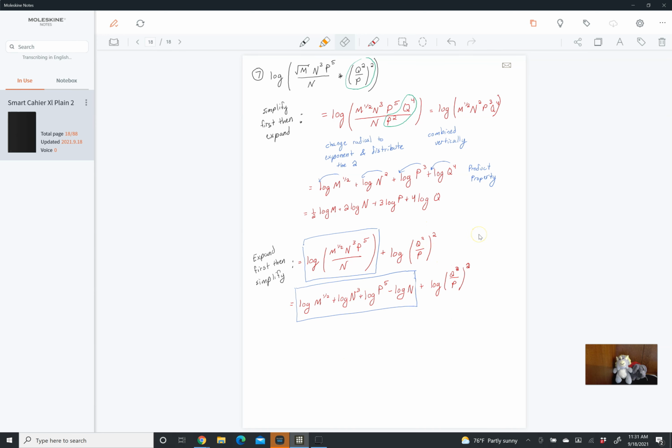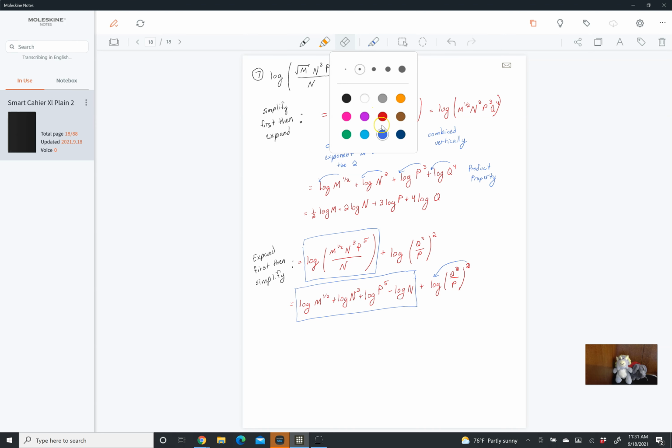So this part goes in 2 steps, okay? In our 2 steps, we bring this 2 out to the front first, and then we expand, okay?